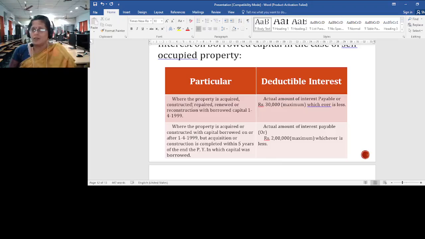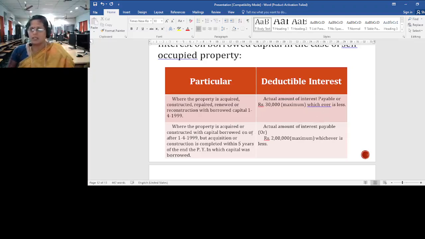Where the property is acquired, constructed, repaired, renewed, or reconstructed with borrowed capital, on or before 1/4/1999, the amount deductible will be the actual amount of interest payable or rupees 30,000, whichever is less.